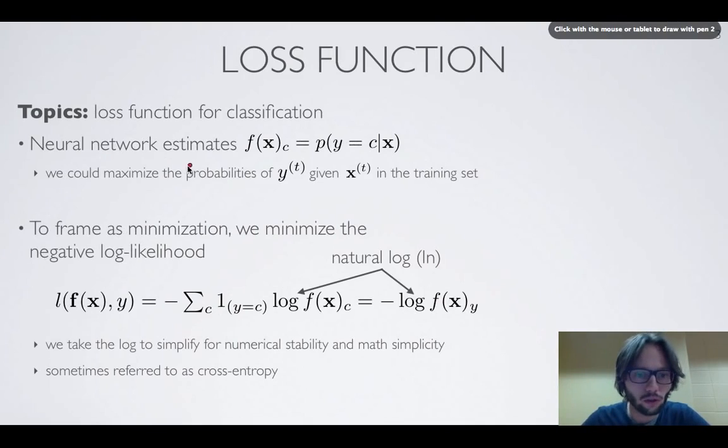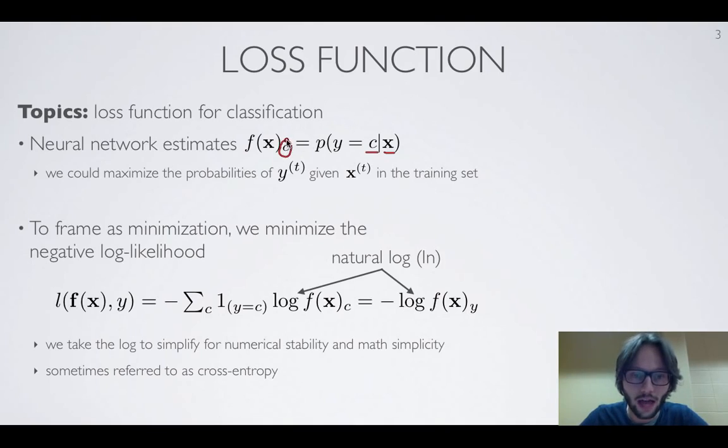So we know that for classification, we can think of the output layer of a neural network as giving us an estimate, given some input, of the probability that it belongs to class C. What is the probability that y, the target associated with x, is equal to some given class C? So F of x, the output layer of our neural network, is a vector.